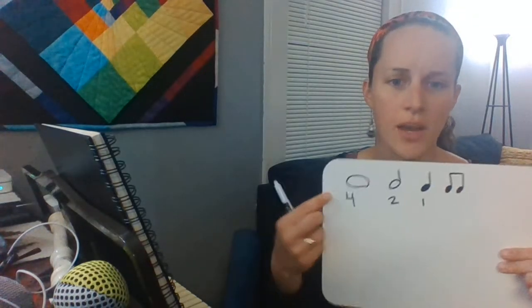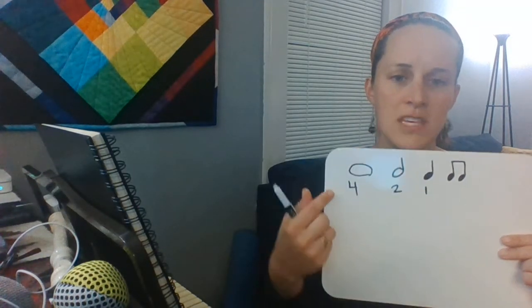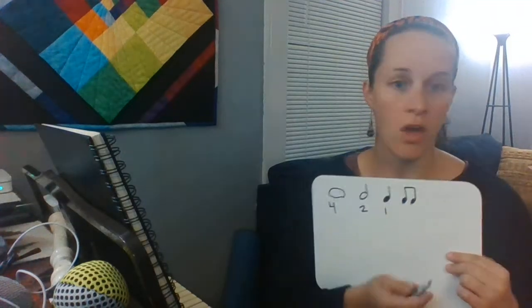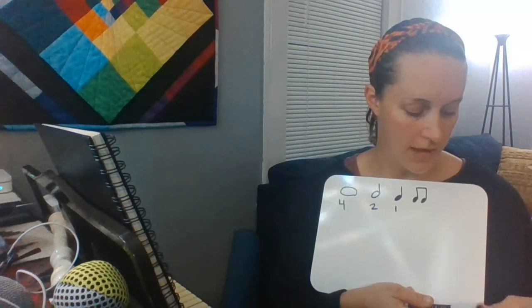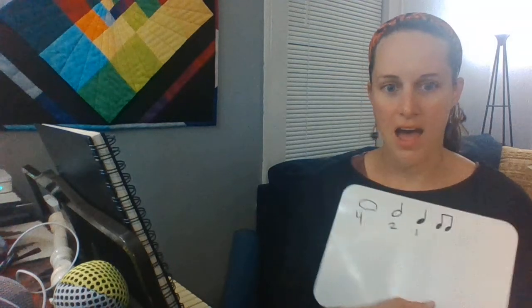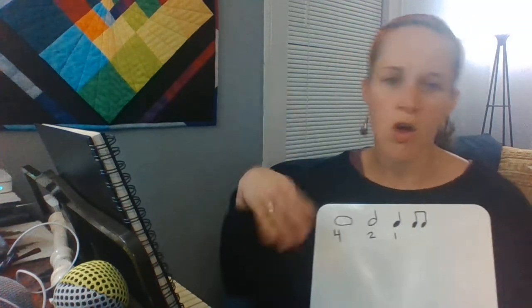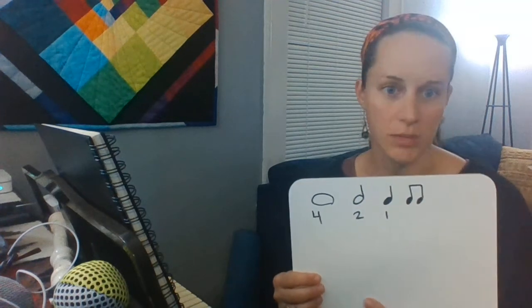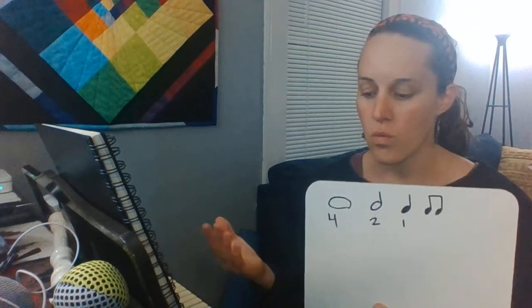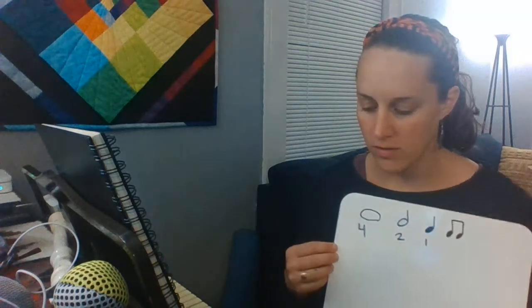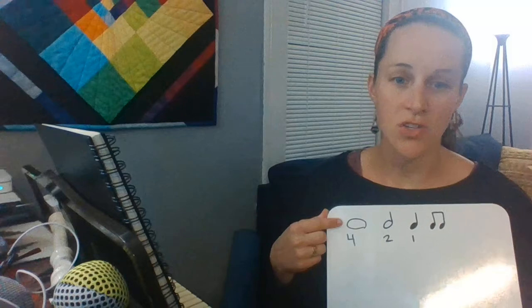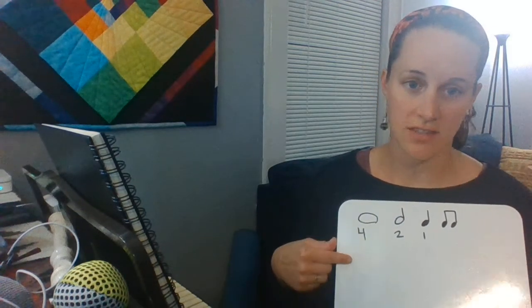So we are going to add in one thing. Since the shape of these notes just tells us how long the note is held out, it doesn't really show us if it's high or low, if it's loud or soft. It really just shows us when we're supposed to play it. So if I wanted to have silence, there's a rest for each of these.